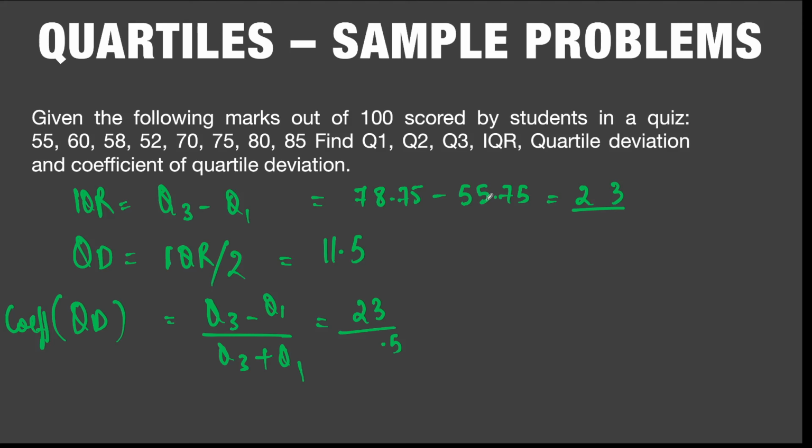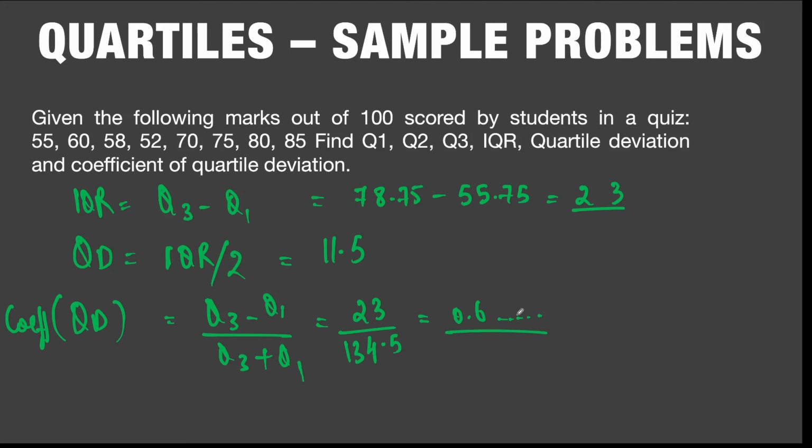Then 5 plus 8 is 13, 13 plus 1 is 14, 14 would come here. 7 plus 5 is 12, 12 plus 1 is 13. So 23 whole upon 134.5. If I try to figure this out, this must be landing somewhere in the range of 0.6 and something. So 0.6 something is going to be your answer.